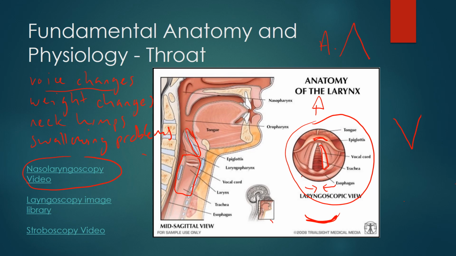Speaking of the function of the vocal cords, if you click on, in particular, this third link here, the stroboscopy video, you'll see very clearly how the vocal cords work in a healthy patient and how they come together, they adduct into the middle, and they vibrate against one another. Stroboscopy is really fascinating to watch because the light from the endoscope is linked up to a microphone that picks up on the frequency of the patient's voice.